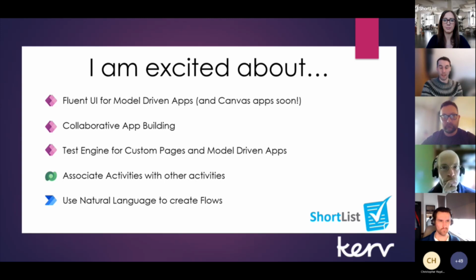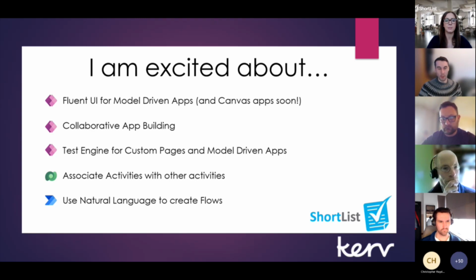And the last big feature I want to talk about before we open up to the floor a little bit is using natural language to create flows. This has been available in public preview in America for a good couple of months now. It's looking to be GA middle of this year. It's a really, really exciting feature where you'll be able to just ask in natural language, can I have a flow to create an activity every time an email is sent to me, for example.